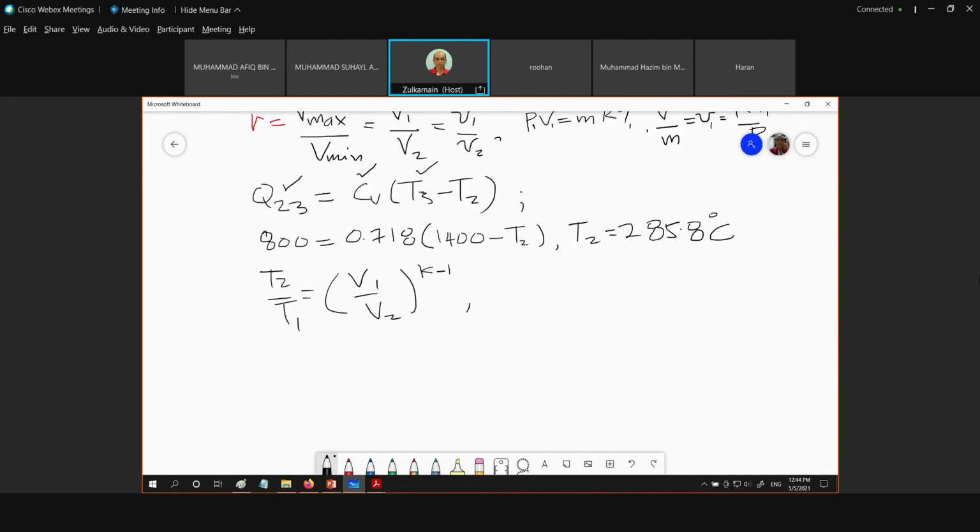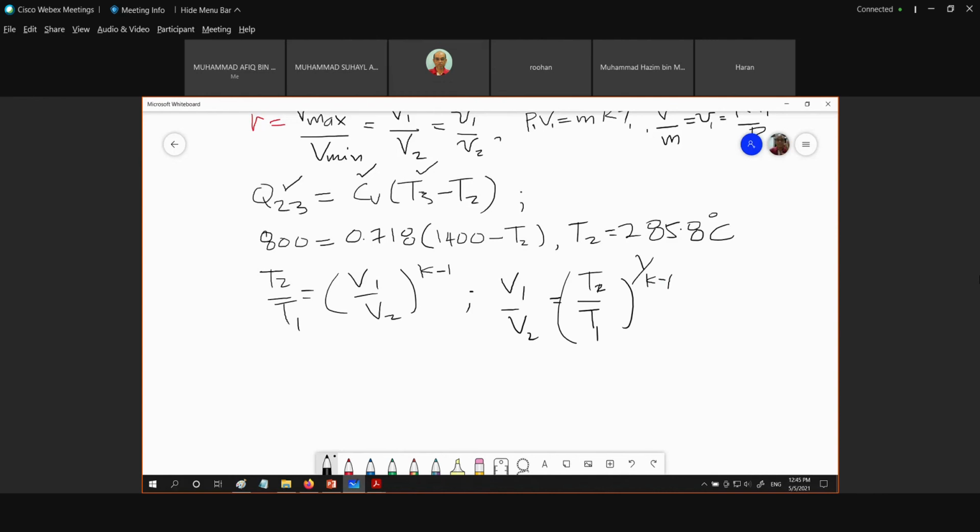Now T2 and T1, can we use degree C? Here we used degree C for delta T. But to get V1 over V2, which is equal to (T2 over T1) to the power of 1 over k minus 1, I ask again, can we use degree C here?